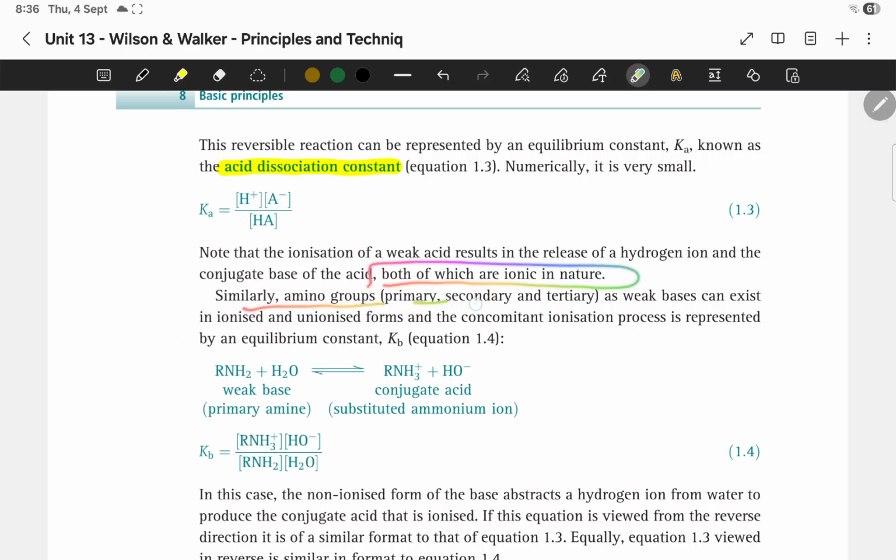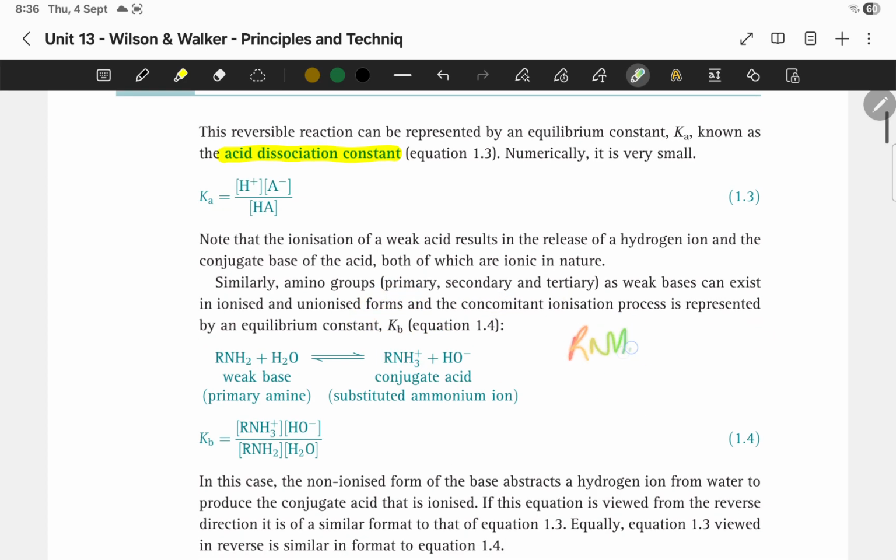Similarly, amino groups, primary, secondary and tertiary, as weak bases can exist in ionized and unionized form, and the concomitant ionization process is represented by the equilibrium constant Kb. RNH2 plus H2O will give RNH3 plus plus OH minus.